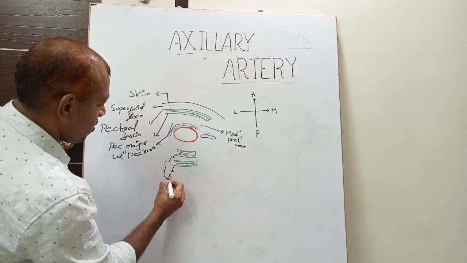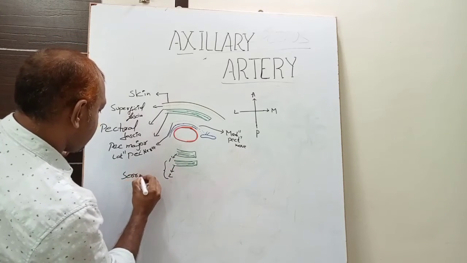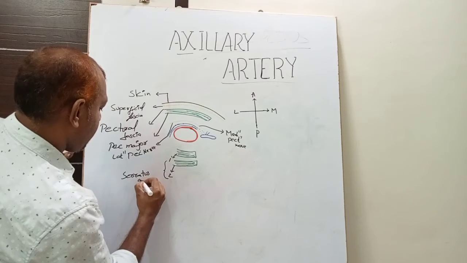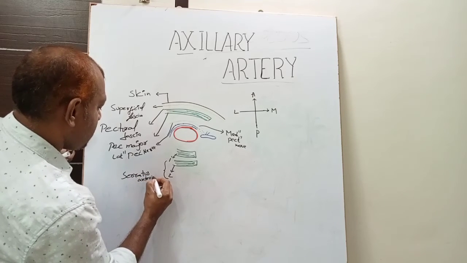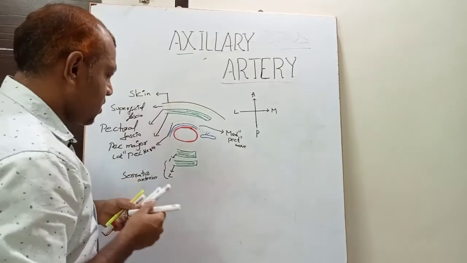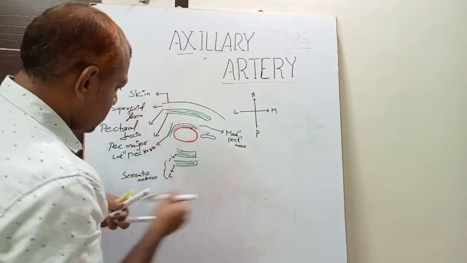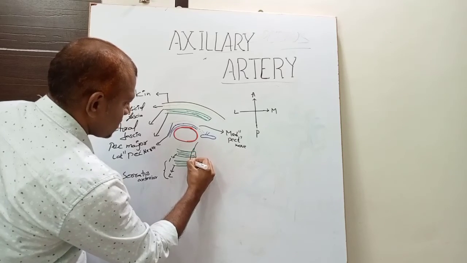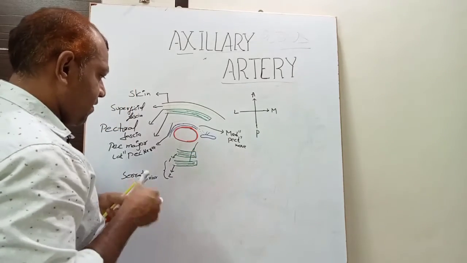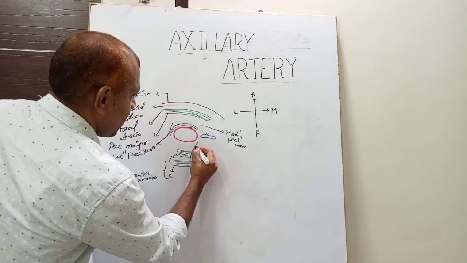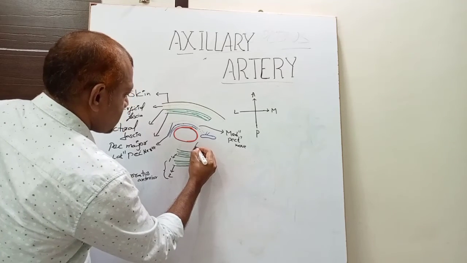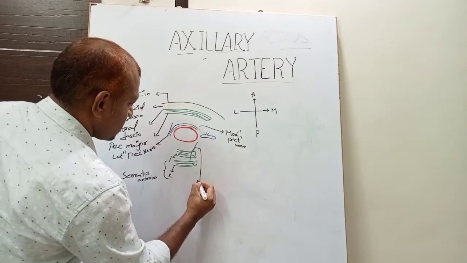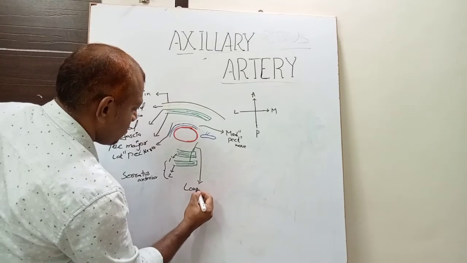So these are serratus anterior muscle fibers, and they are receiving the nerve supply which is coming from C5, C6, C7 segments. That nerve is called the long thoracic nerve.